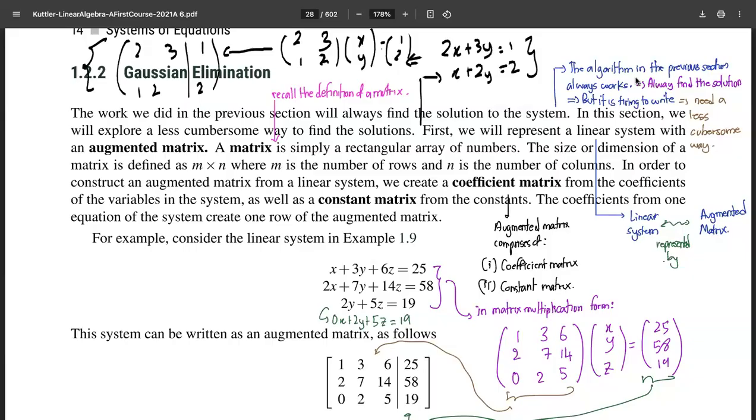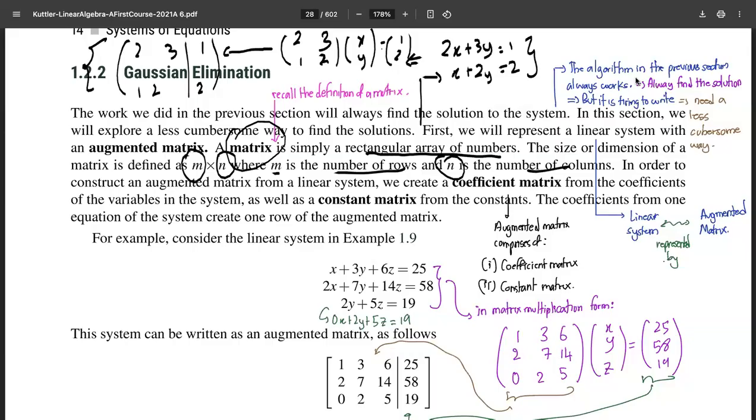When you look at an augmented matrix, like the one we have over here, this component is called the coefficient matrix, because we derive it from the coefficients of the variables that we have. And this part of the augmented matrix is called the constant matrix, because it comes from the constants of the system of linear equations. So each row in our augmented matrix represents one equation.